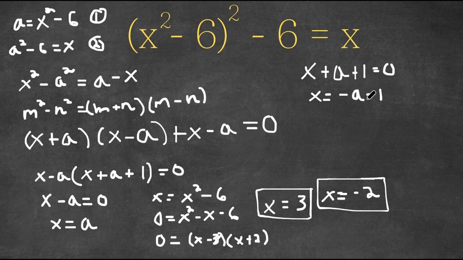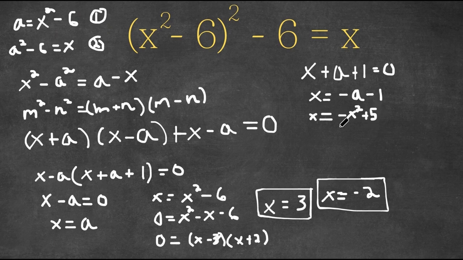And I'm going to plug in a. a is x squared minus 6, so this means x is equal to negative 1 times x squared minus 6, which is negative x squared plus 6 minus 1, and 6 minus 1 is 5. So we have negative x squared plus 5.